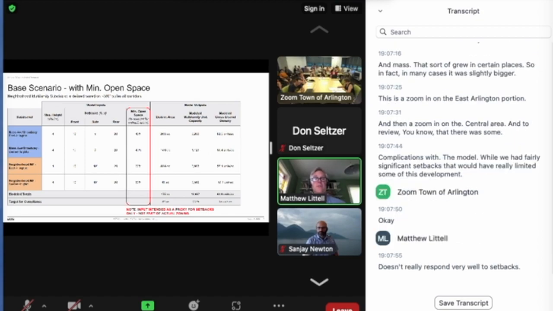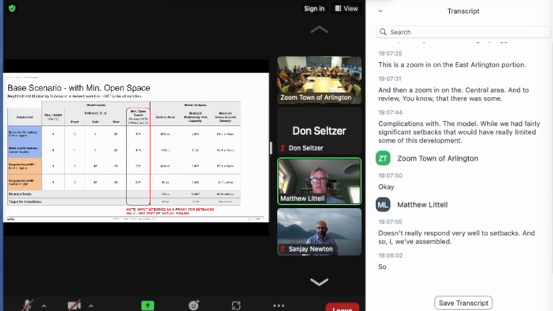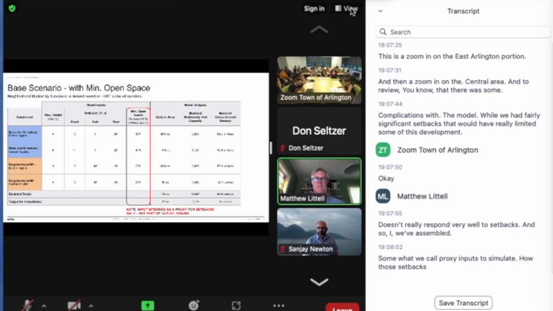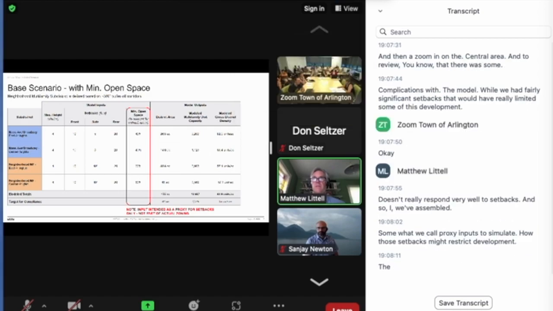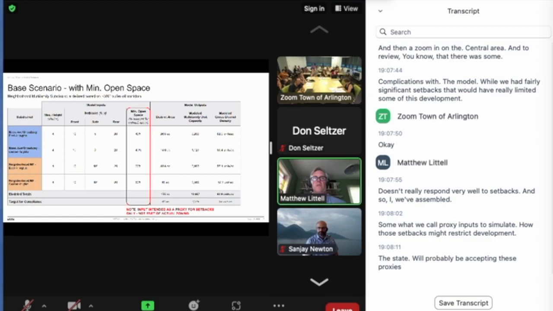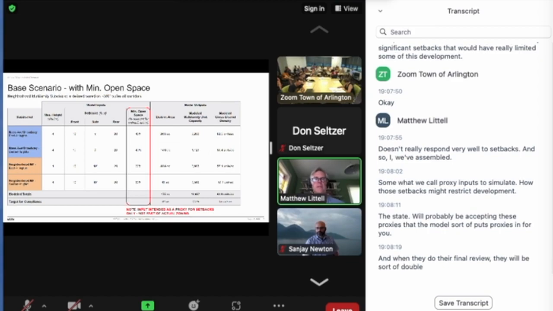And so we've assembled what we call proxy inputs to simulate how those setbacks might restrict development. The state will probably be accepting these proxies. The model puts proxies in for you, and when they do their final review, they will be double checking this anomaly in the model.